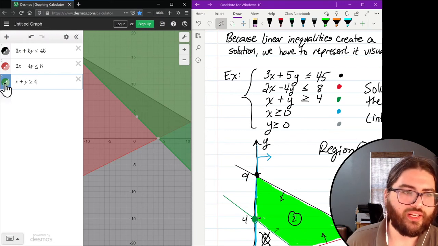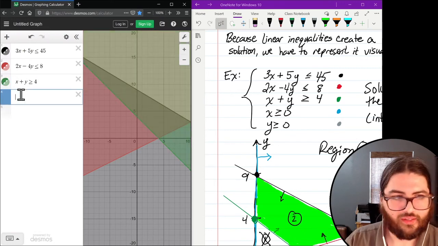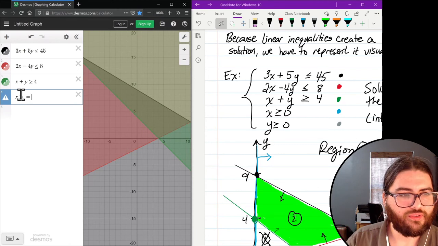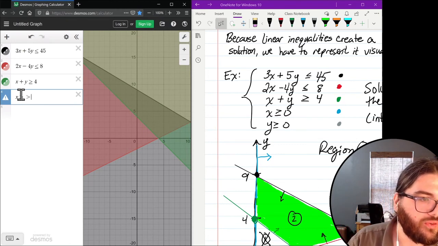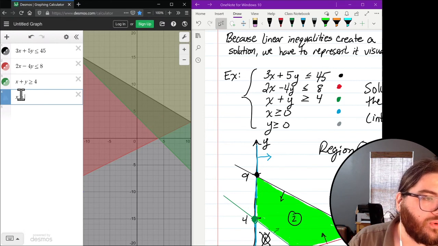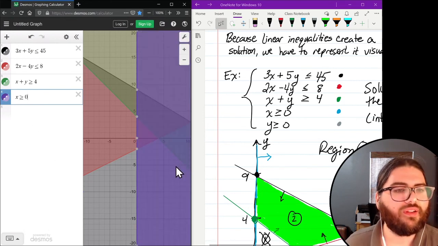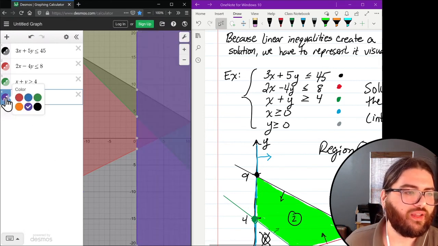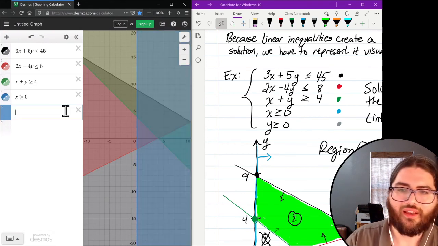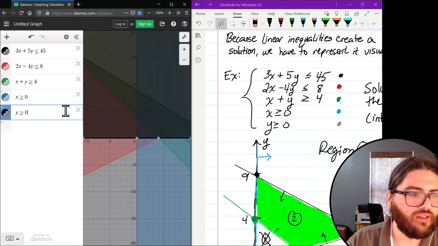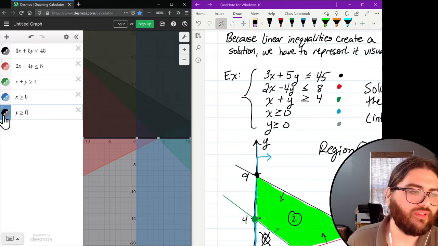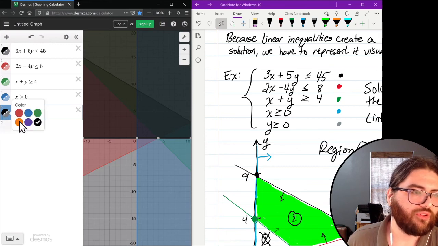That was my green inequality. x greater than or equal to 0. That was my blue inequality. And Desmos, I believe, does not have a gray color to shade with, so I will substitute in purple.